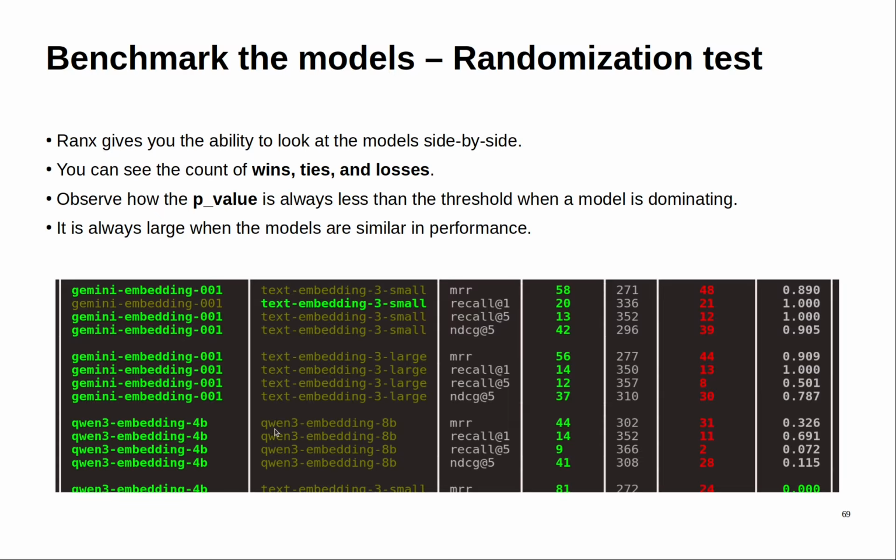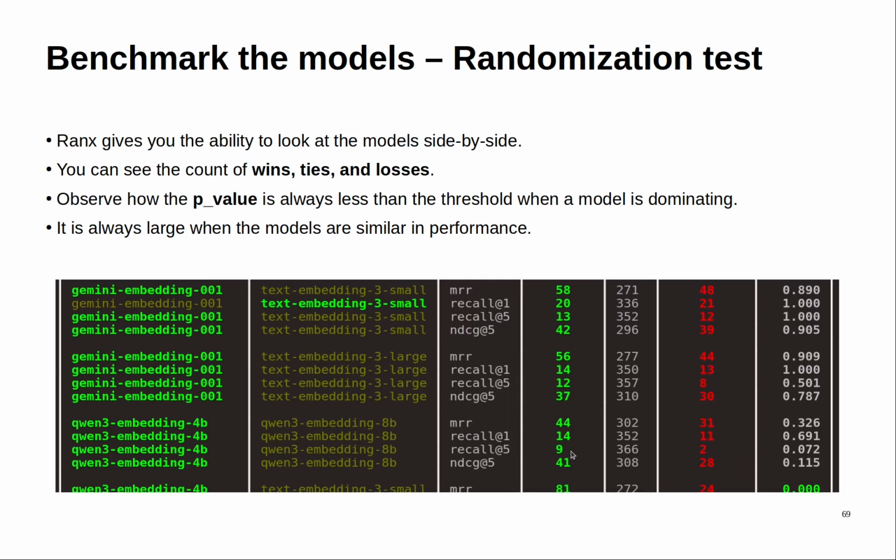So let's look at the second one because it has the highest p-value. So in recall at 1, both models tied in 352 questions. Qwen, the 4 billion, was able to win in 14 questions, and it lost in 11 questions. So you can see that there isn't a big difference between the number of wins and losses. This is why the p-value is high.